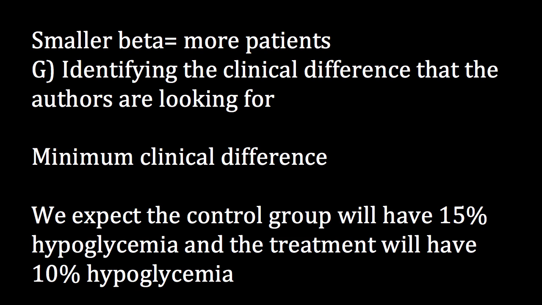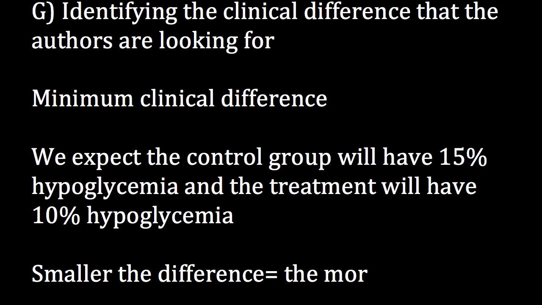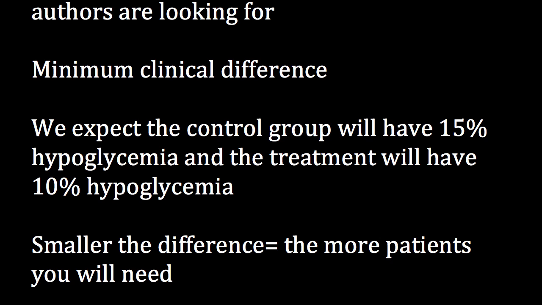So they're seeing an absolute percent difference here of 5%, and they deem that this is the minimal clinical difference they think is important. This is going to be used in calculating how many patients you need. The smaller the difference, the more patients you will need. Because it's much harder to find a needle in a haystack, I think is the best example. If something has a huge difference, you're going to easily notice it with a lot fewer patients.